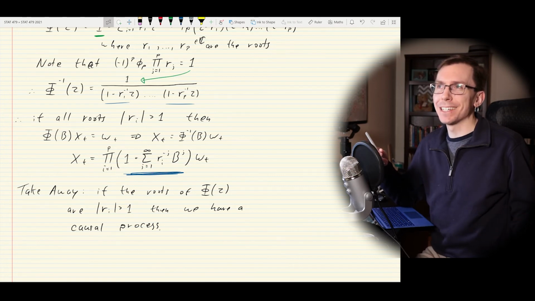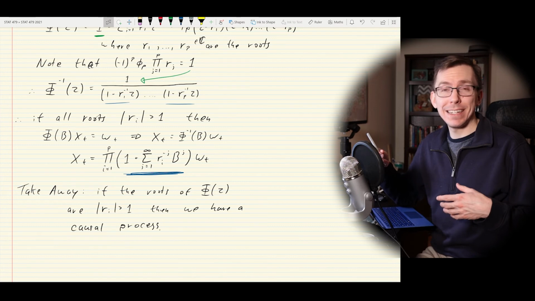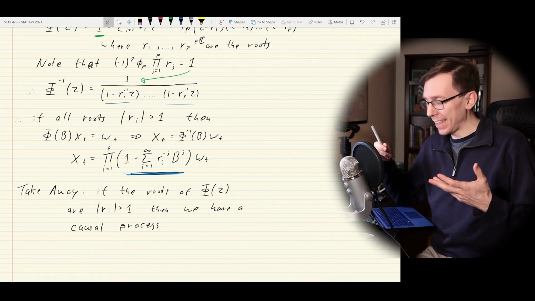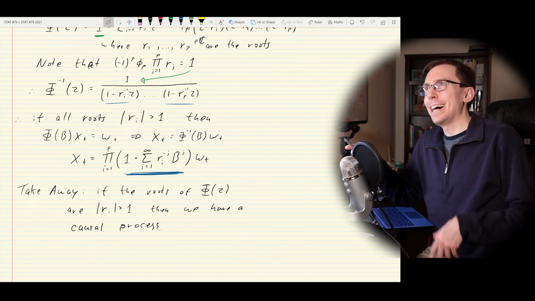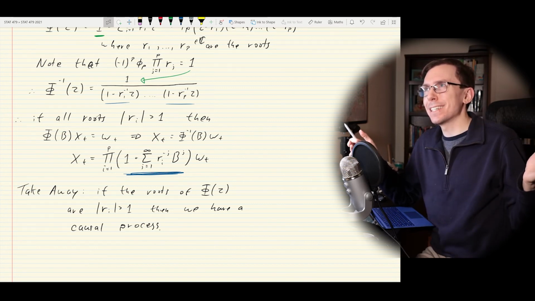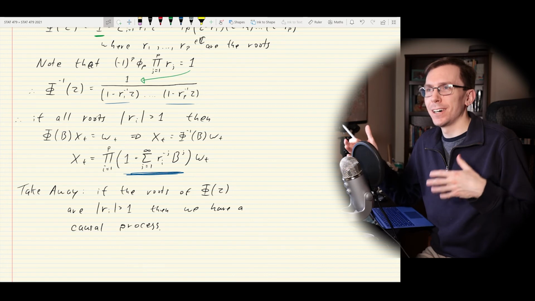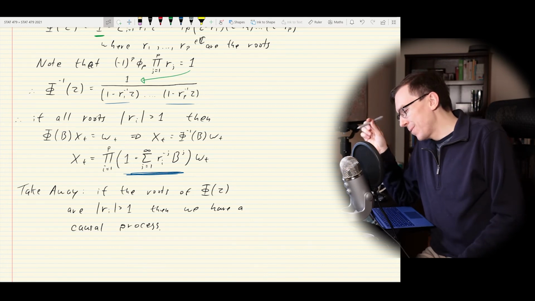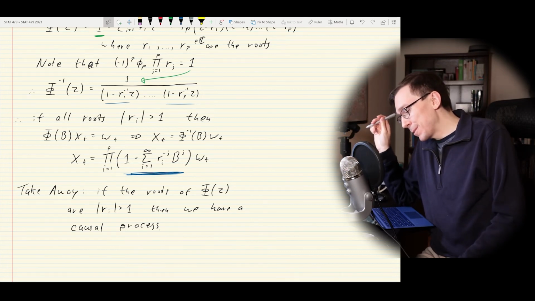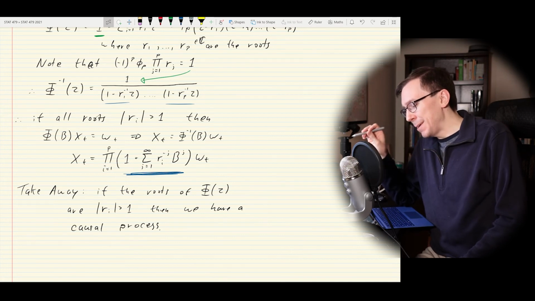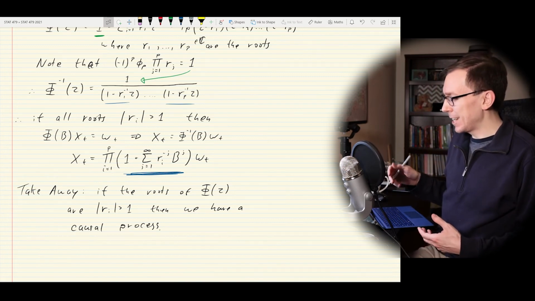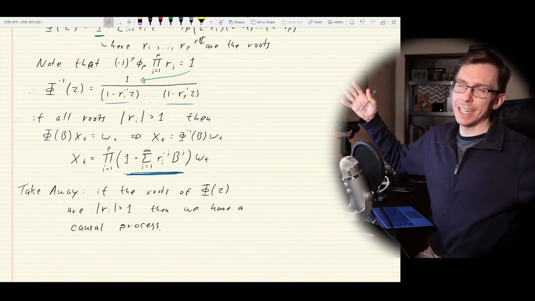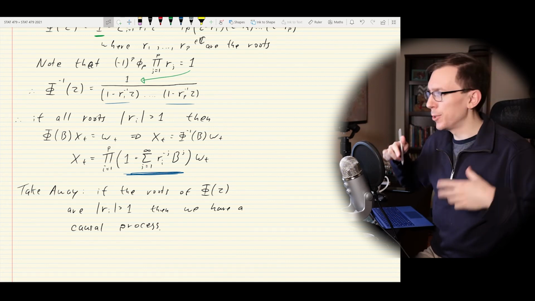If you glance at the documentation for some of these tests, they'll say something like, we're testing for the existence of a unit root. The point of that unit root is coming directly from this polynomial. It's basically saying we want all the roots to be bigger than 1 in magnitude. We don't want them to equal 1.